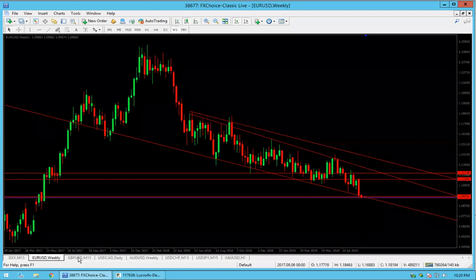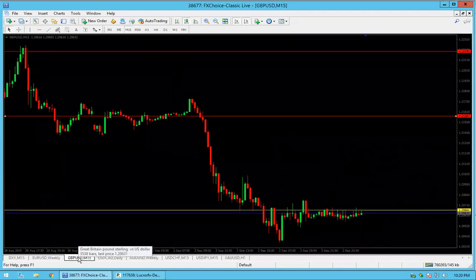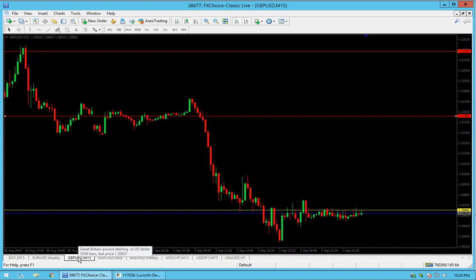And last one here I went over is the pound USD. So this pair here has bottomed out and is sitting at record lows on the monthly. Previous week failed to make a lower low, lower close.